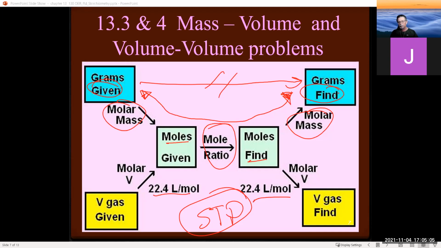And so I could go from grams given in the upper left corner to volume, if one of the products is a gas. So if I'm right here in moles, I can go in 2 directions: go up to get that value in grams, or go down to figure out that volume in liters.